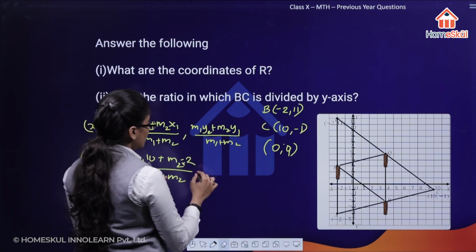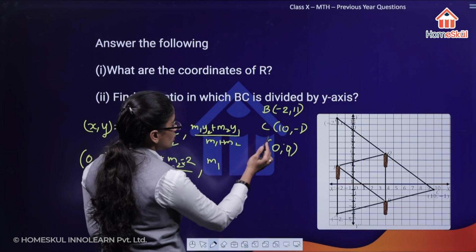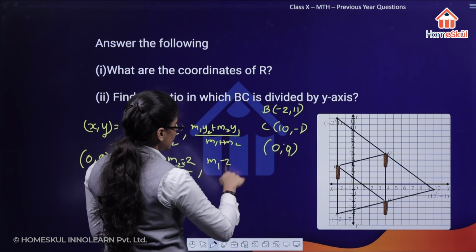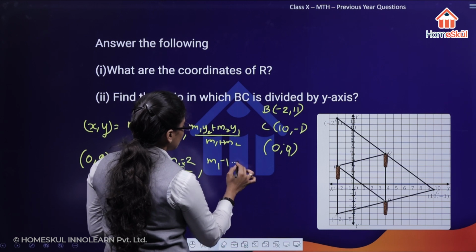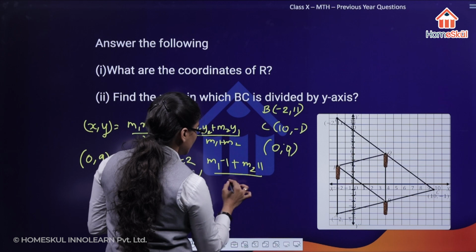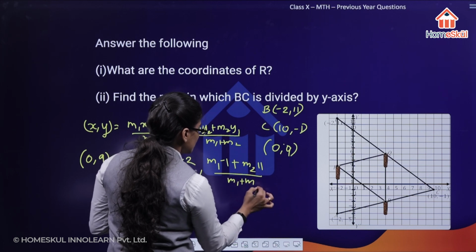And what about Y coordinate? M1 into Y2, that is -1, plus M2 into Y1, which is 11, divided by M1 plus M2.